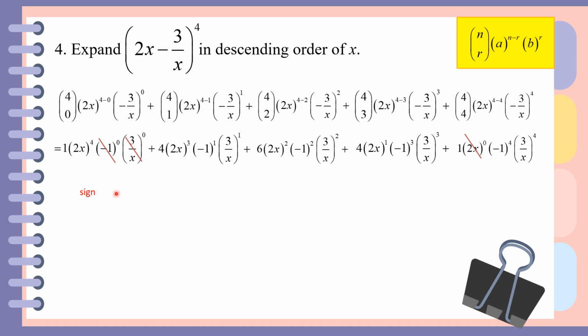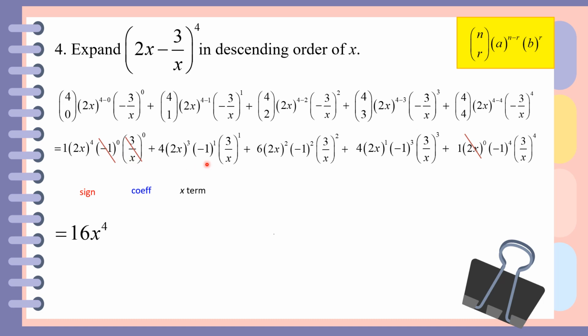We will have the sign, which is the plus and minus, followed by the coefficients, which are the numbers, the constants, and followed by the x terms. So the sign for the first term here is actually positive. The coefficient will be 2 power 4, which is 16. And the x term will be x power 4.